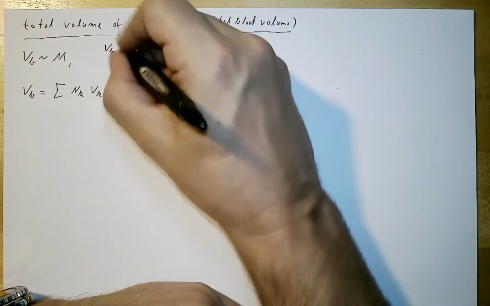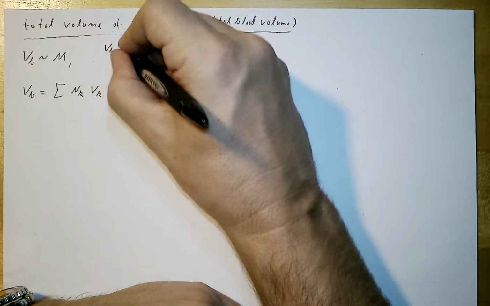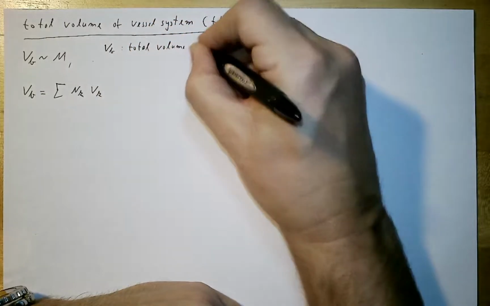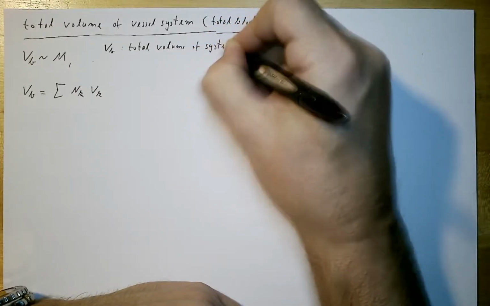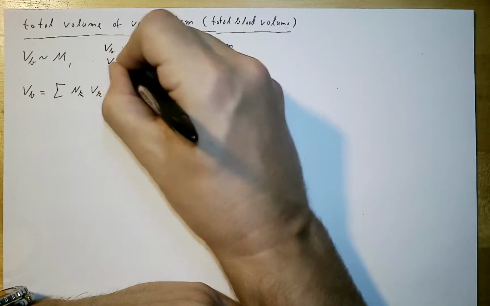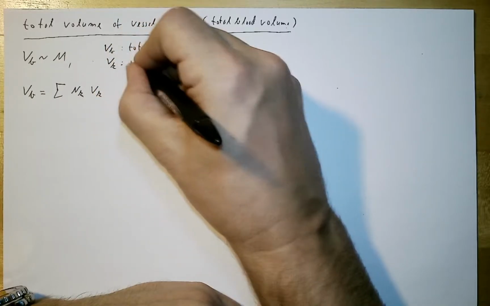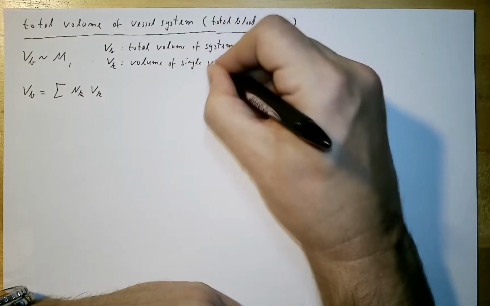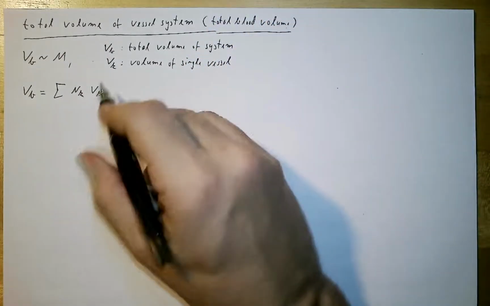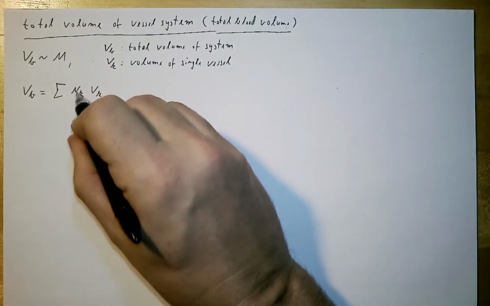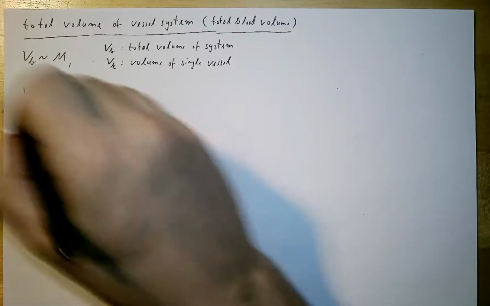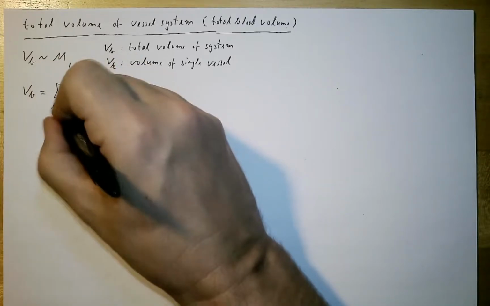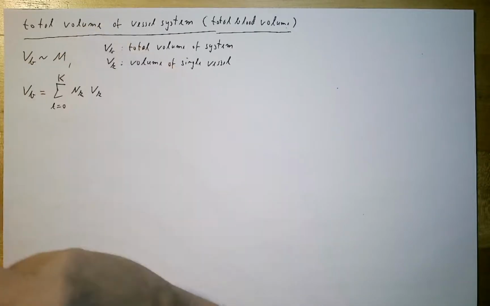Here Vb is the total volume of the system, and Vk is the volume of a single vessel at level K. And then at every level we have N^K branches, so N^K vessels, so we have to multiply them, and then of course we have to sum, because the blood can be in the aorta or in smaller vessels, so we have to sum from the 0th until our last level.